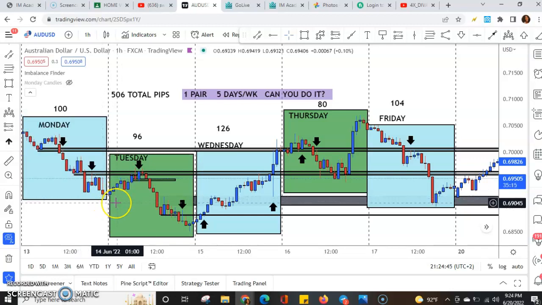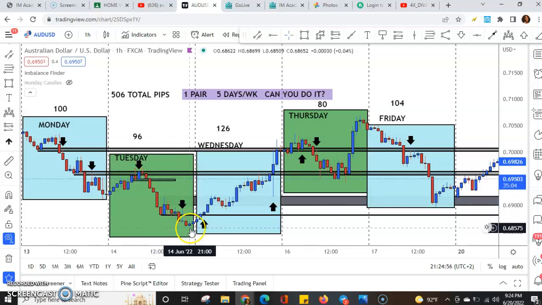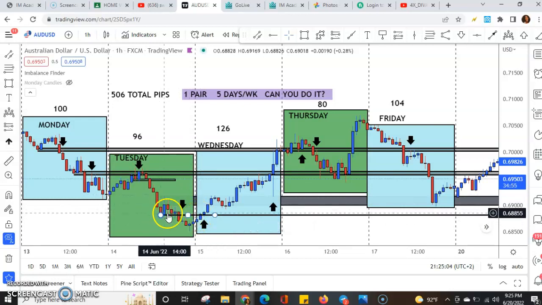And then as we come to Tuesday, we see how this market pulls up. It goes back into the zone, breaks and closes below this starting point, retests, and then we could have taken this trade down as well. When Wednesday came along, here's another starting point where the market broke and closed above the previous starting point.